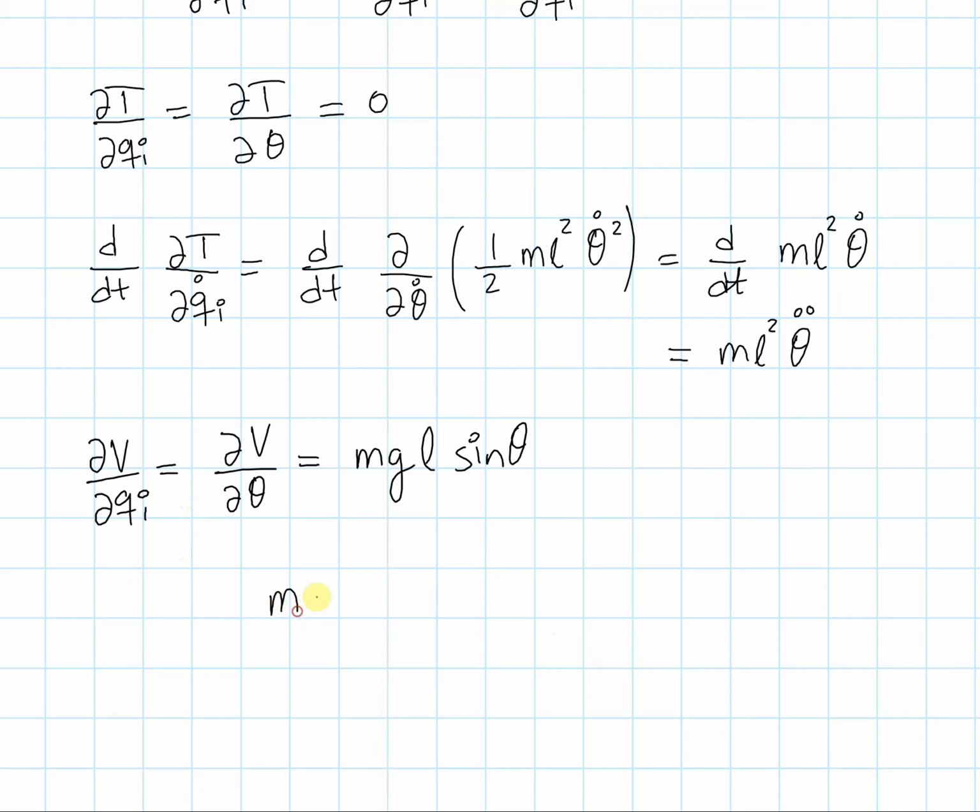We have m l squared theta double dot plus m g l sine theta, and this equals 0. And this is my nonlinear equation of motion.